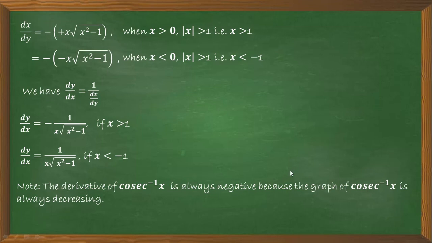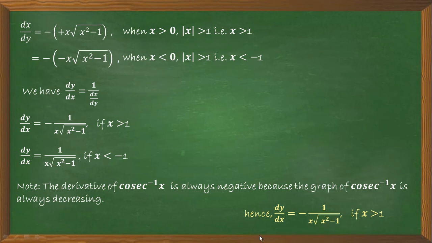But just to remember this, you remember that the derivative of cosec inverse x is always negative. So we will write the derivative as dy by dx is equal to minus 1 upon x into root of x square minus 1 if x greater than 1. Okay, so now onwards you remember the derivative of cosec inverse x is this, minus 1 upon x into root of x square minus 1.